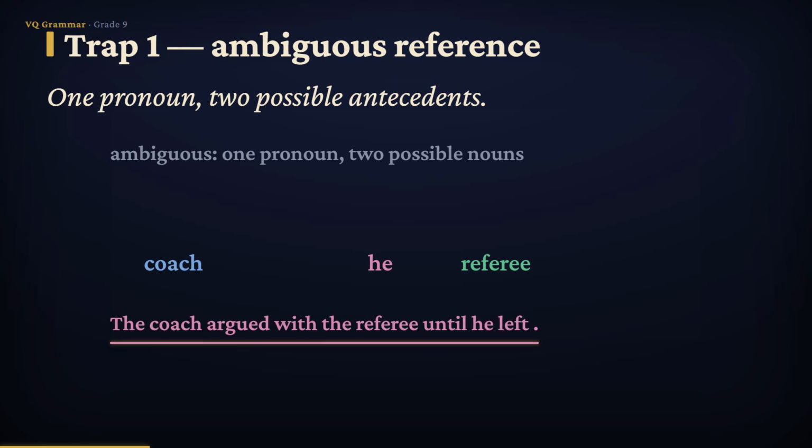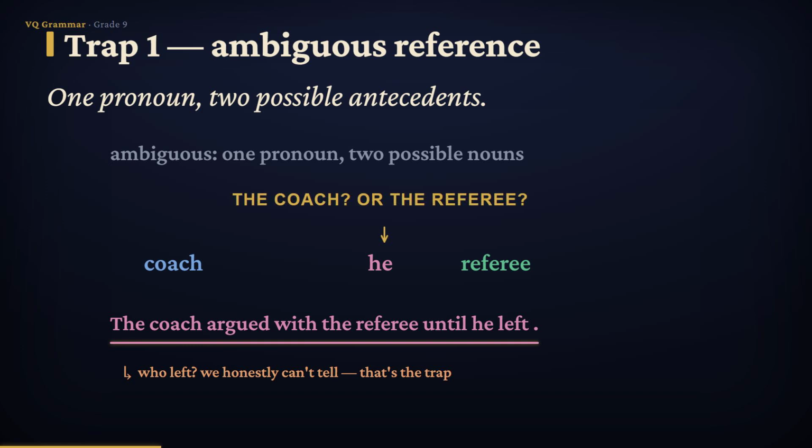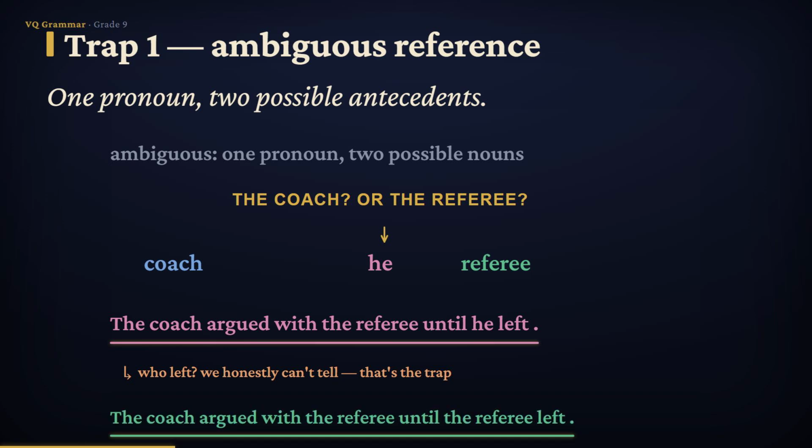The coach argued with the referee until he left. Who left? We honestly can't tell. He could be the coach or the referee, and that doubt is the whole problem. The fix is to stop guessing and name the person. The coach argued with the referee until the referee left. A touch repetitive, sure, but now nobody has to wonder.